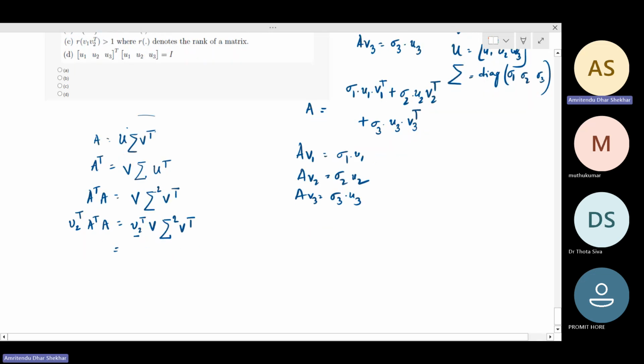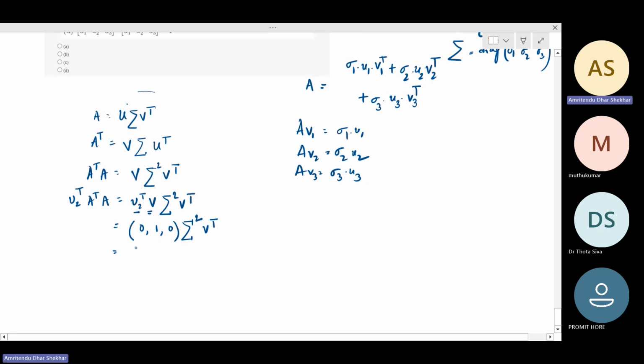So V2 transpose times V is going to be equal to this row vector, 0, 1, 0. Then sigma square times V transpose.